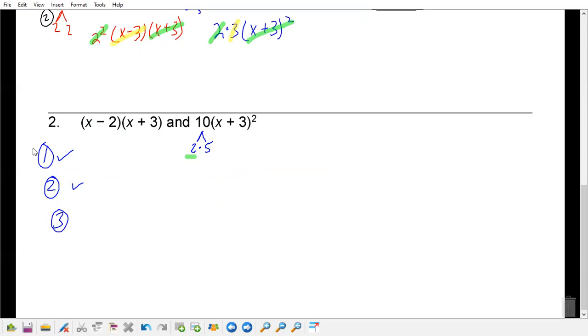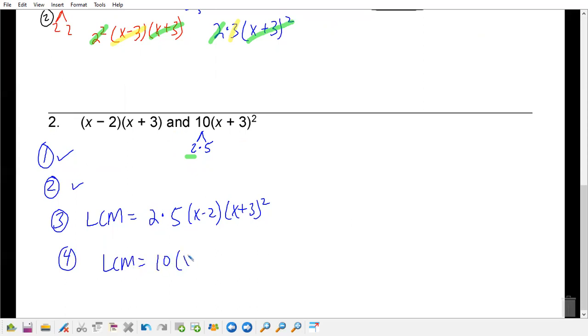So for 2, it's the only one, so the greatest power is 2. 5 is the only one, so the greatest power is 5 to the 1. x minus 2 is the only one. Okay, it's basically like you want to make sure that someone is representing each factor family. And then between x plus 3 and x plus 3 squared, x plus 3 squared is the greatest power. So my LCM, simplifying it, equals 10 times x minus 2 times x plus 3 squared.